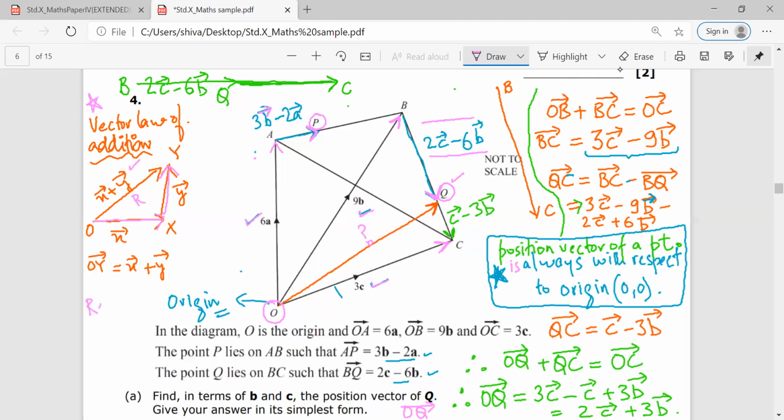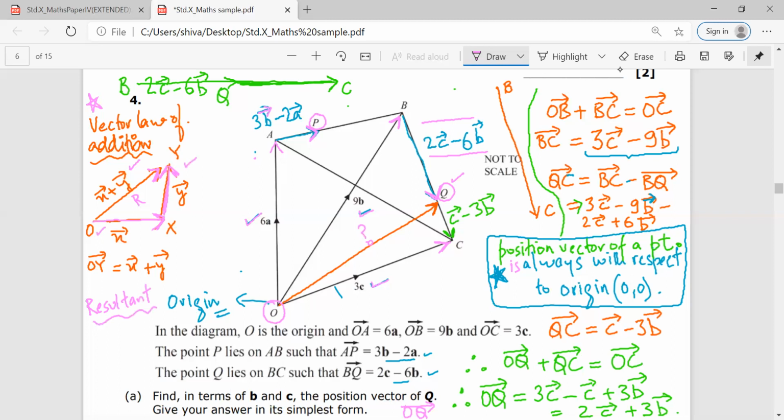The resultant is found by joining the tail of the first vector and the head of the second vector. Is there a confusion? No, sir. I'm again reiterating that the direction of the vector should be very clear. Otherwise, there will be a lot of confusion, a lot of errors.